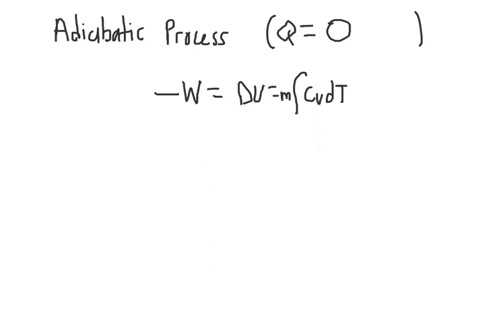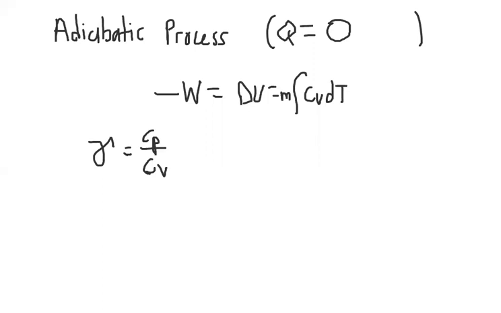And it is very important here, we can define a constant which we call gamma, which is equal to Cp over Cv. And here we will have a special process where we will say that P V to the gamma, only V is elevated to the gamma, is going to be constant.